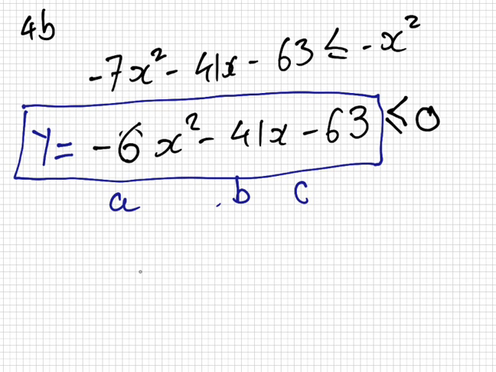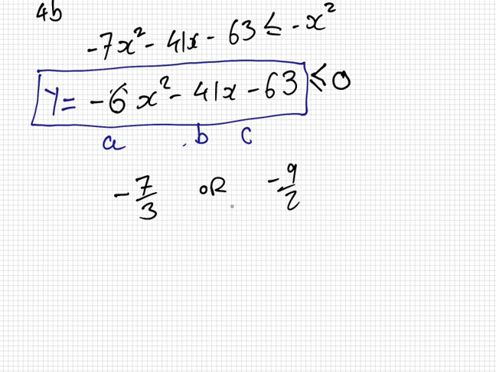Yes. So find minus 7 over 3 or minus 9 over 2. So what we do is we imagine we draw this quadratic and we have the two roots. So if I do a quick sketch here, this is about minus 4.5 and this is... So why is there a 6 instead of a 7?